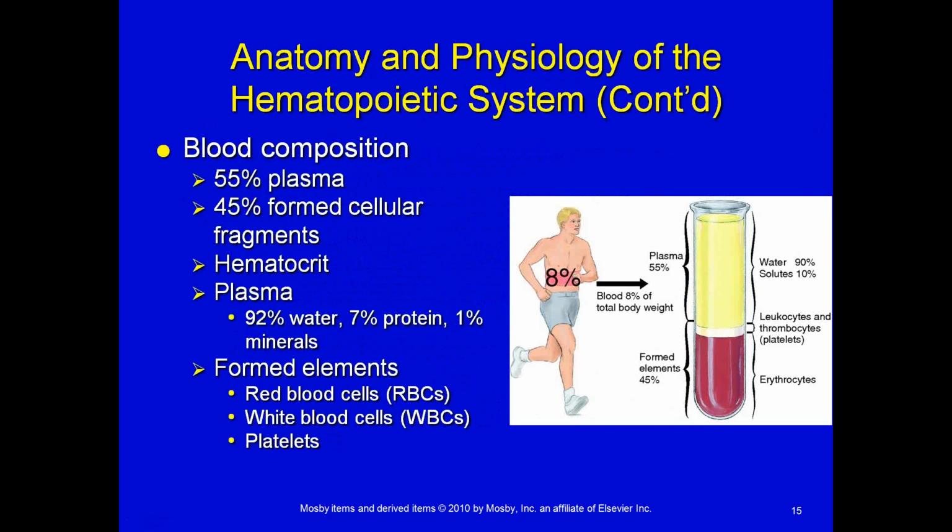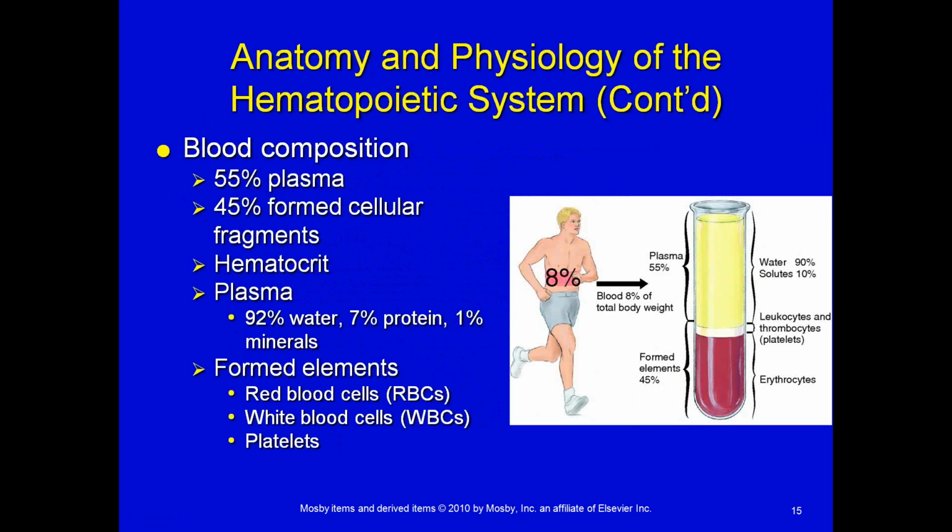And the hematocrit is a relationship between the formed elements, well, the erythrocytes, or the red cells, in comparison to plasma. And you see there that that's about 45%. So the hematocrit should be about 45%.